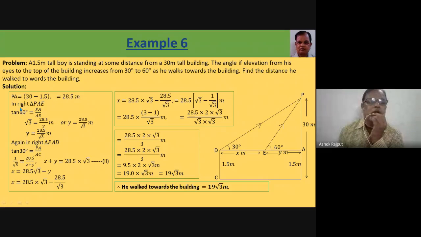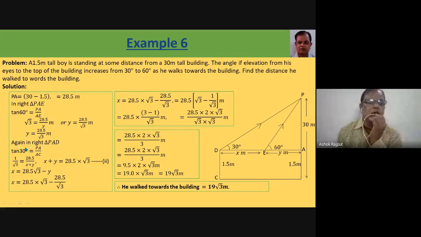it will be 28.5 meter. In right angle triangle PAE, tan 60 equal to PA upon AE, root 3 equal to 28.5 by y meter, or y equal to 28.5 by root 3.